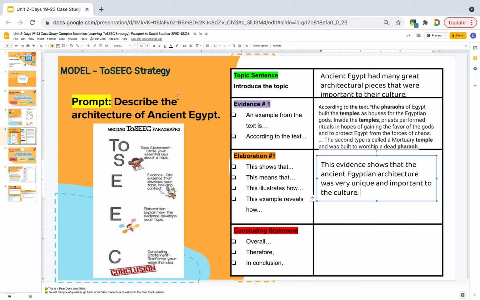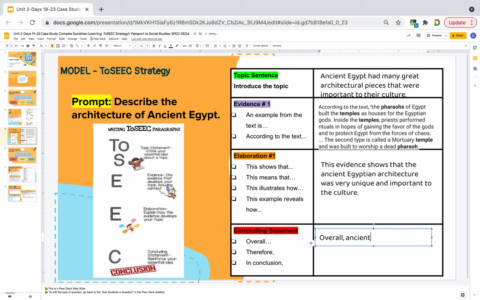And finally, in my concluding statement, I want to be able to explain or reinforce the essential idea. Again, I'm using one of these sentence starters here.